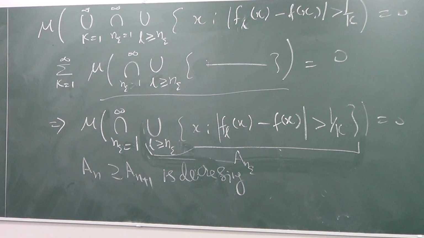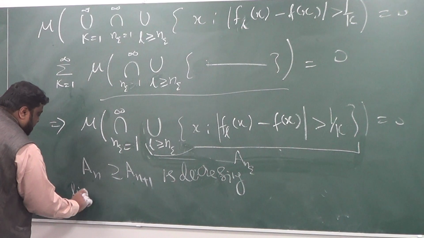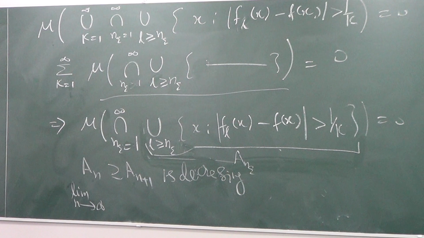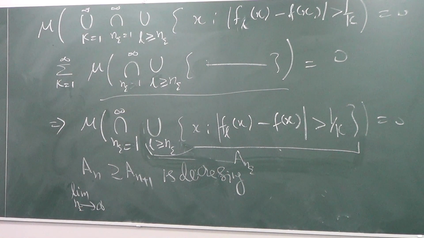Now, if I take the limit on both sides, as n epsilon goes to infinity, what are you going to get?